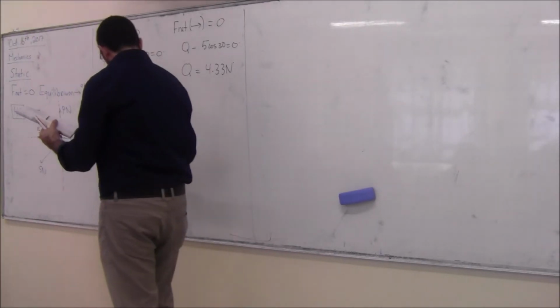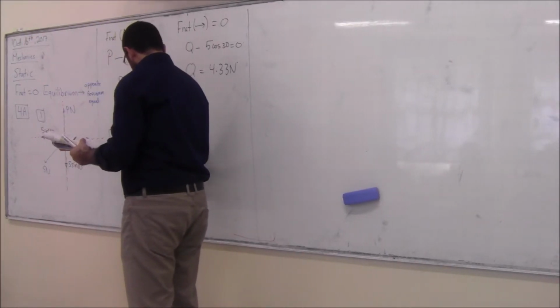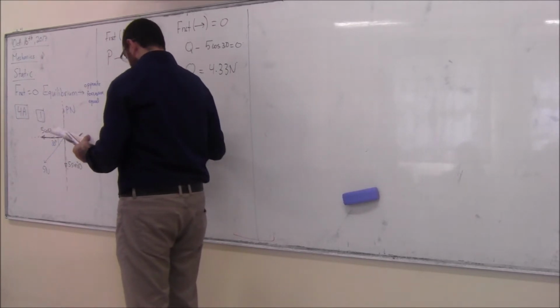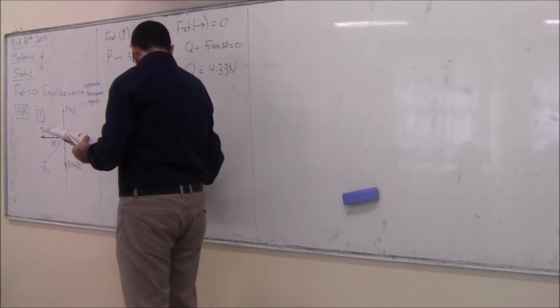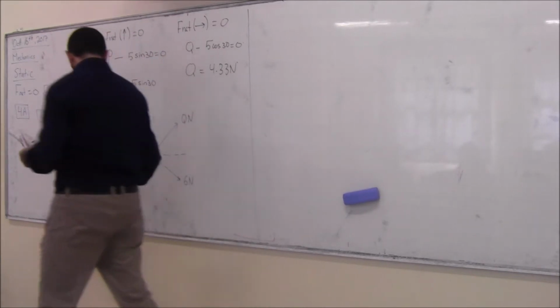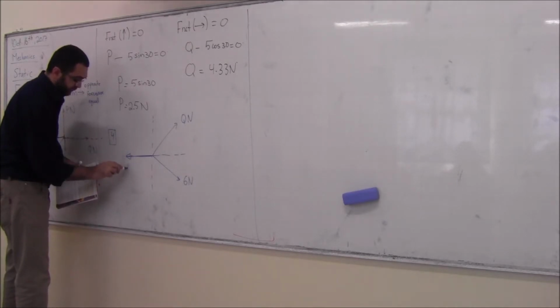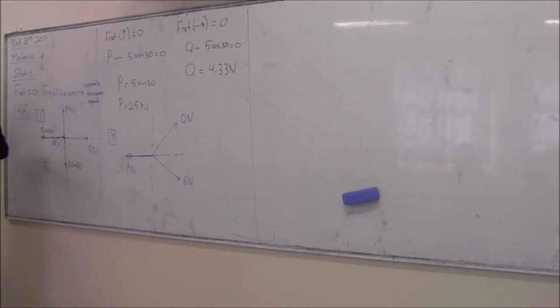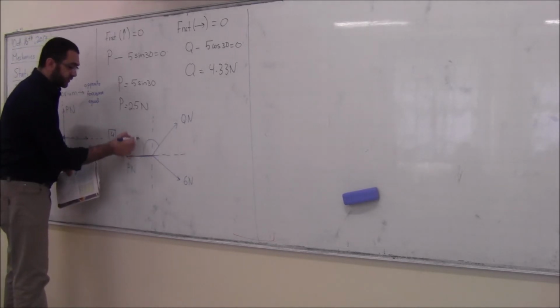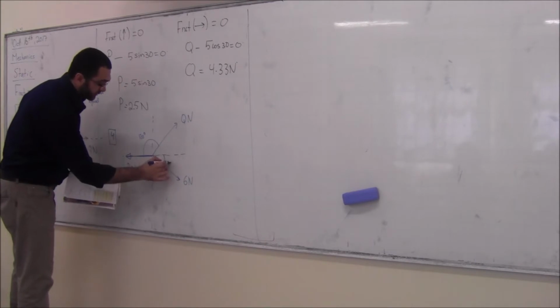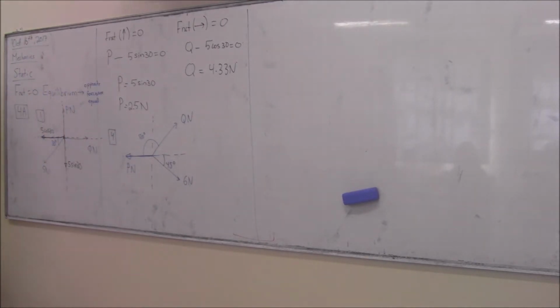Okay. What do we have? This is the y-axis. Q. 60 newtons. Here, P. This angle is given 120 degrees. This angle is given 45 degrees. Okay, fine.